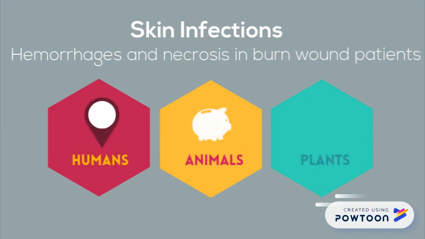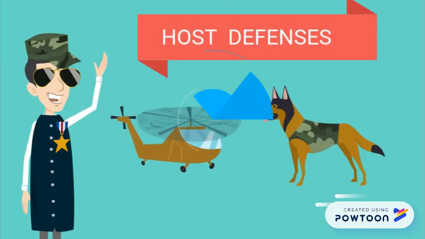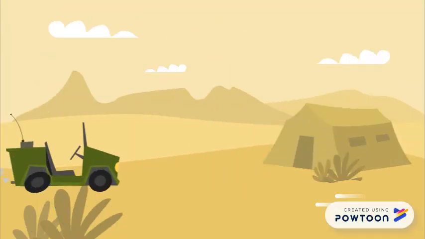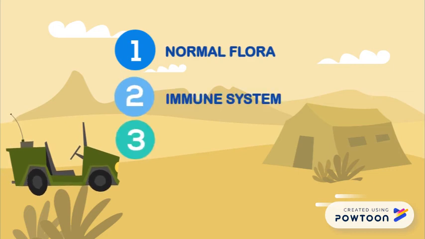Pseudomonas can infect humans, animals, and some plants. Defenses for a person confronted with Pseudomonas aeruginosa include normal flora, immune system, and skin.